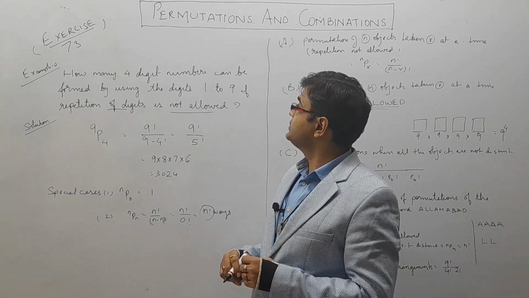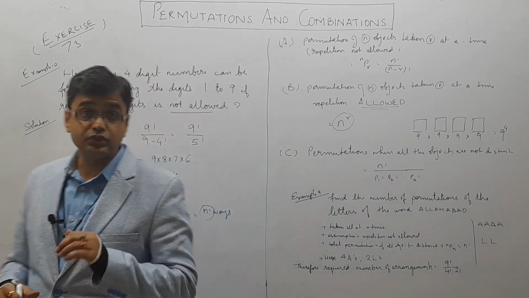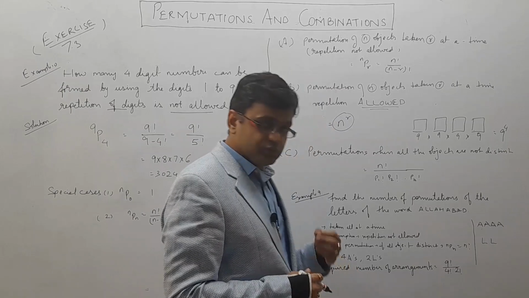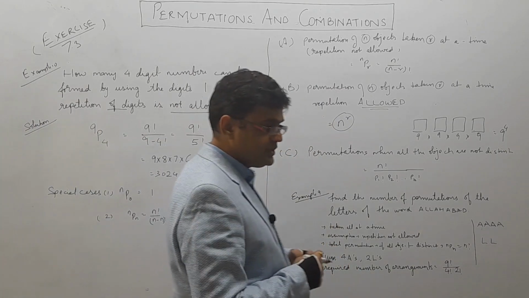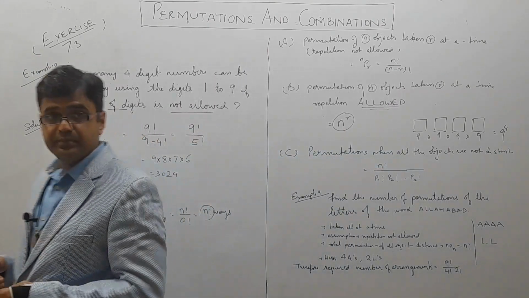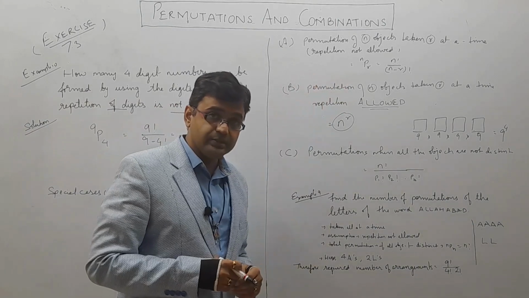How many 4-digit numbers can be formed by using the digits 1 to 9 if repetition of digits is not allowed? We just now saw that the number of arrangements or permutations of n objects taken r at a time is given by nPr is equal to n factorial upon n minus r factorial.